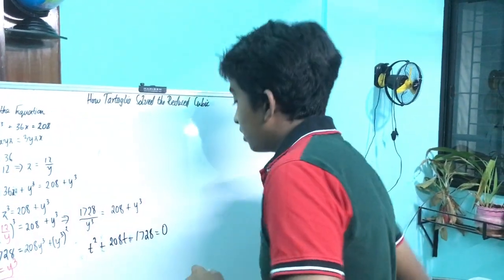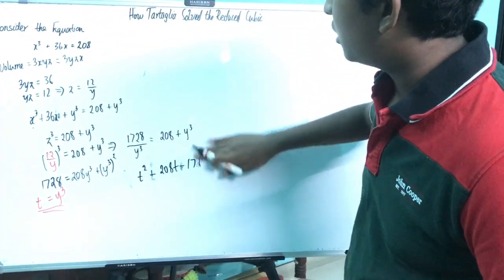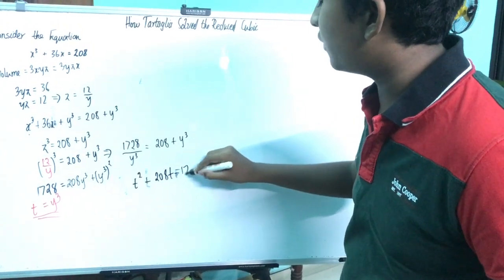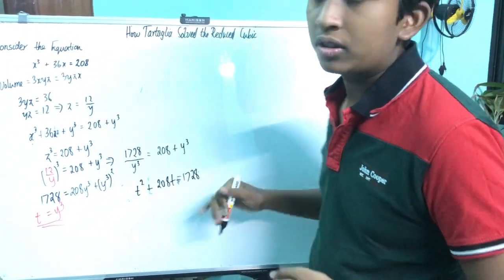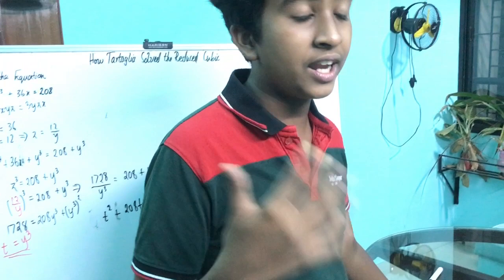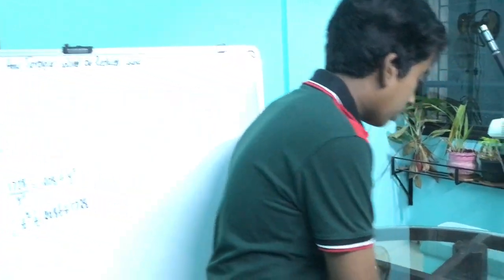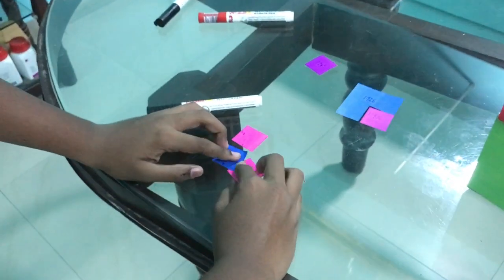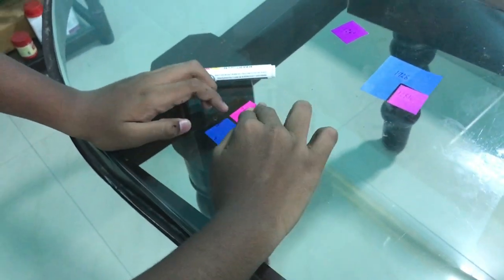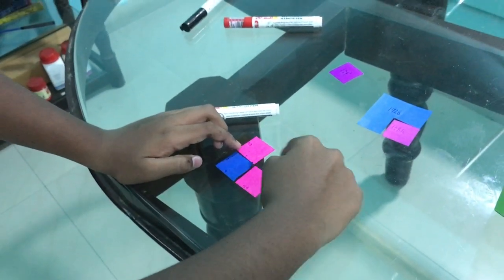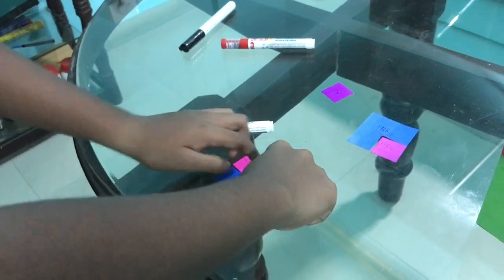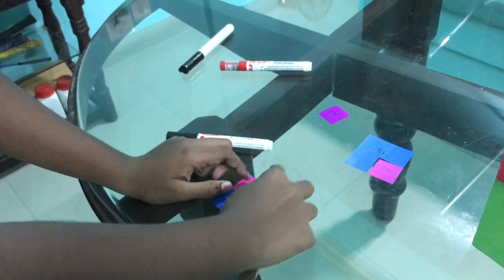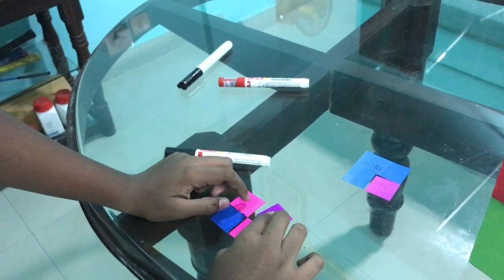And the sum of these is equal to 1728, an area of 1728. So we can keep this like this. And we see that, in fact, we can complete the square by adding an area of 104 squared.